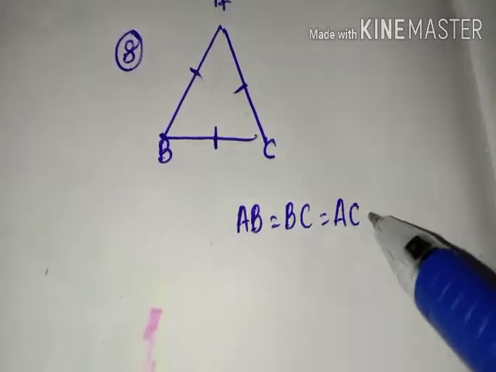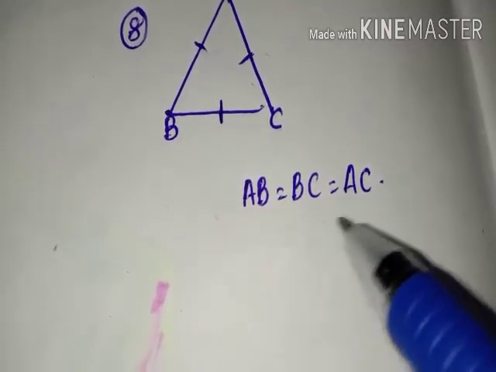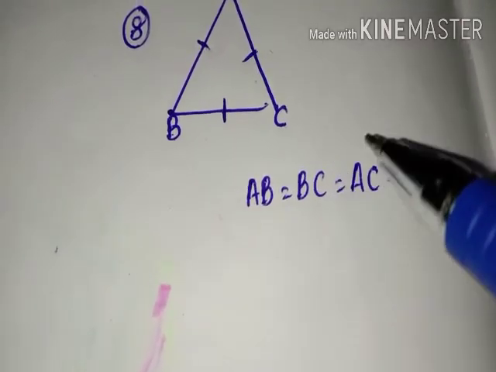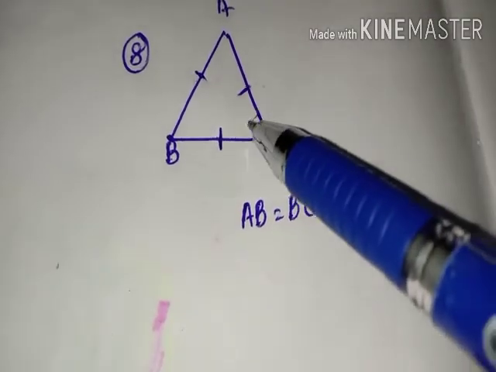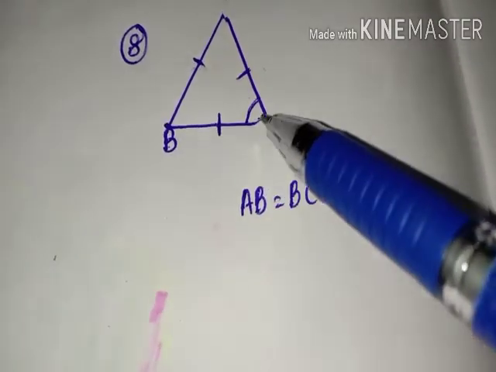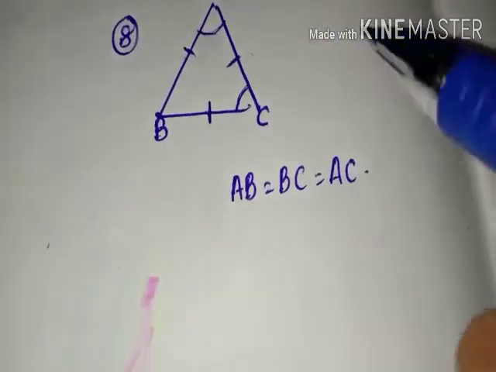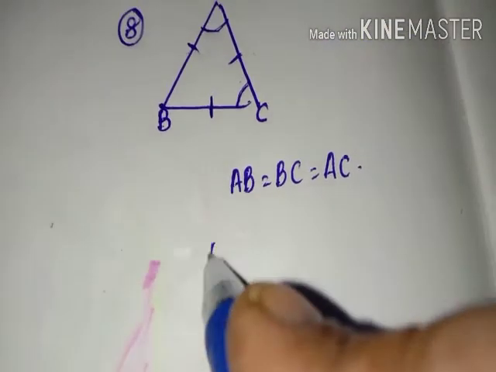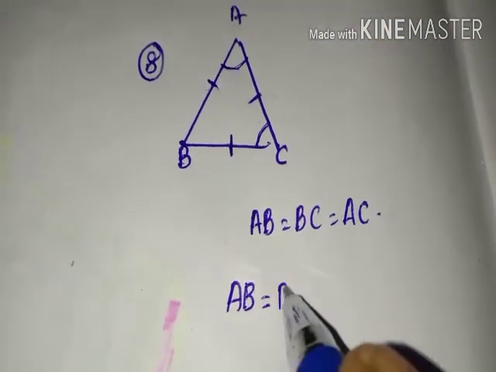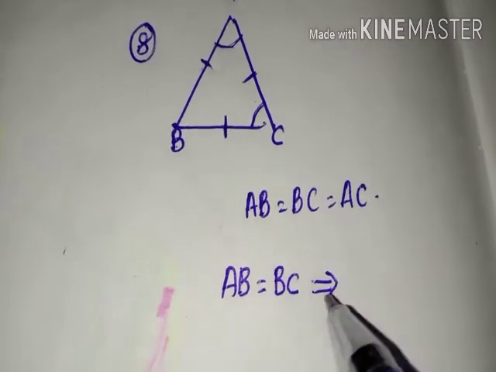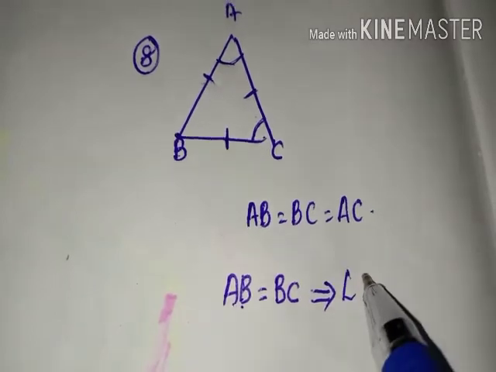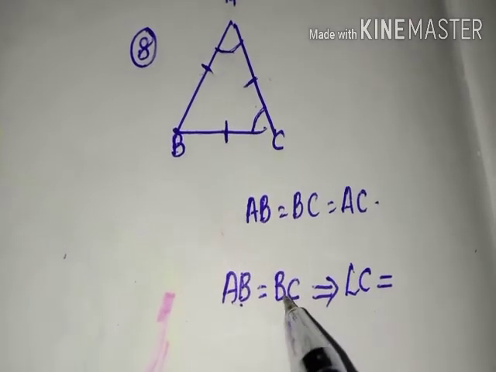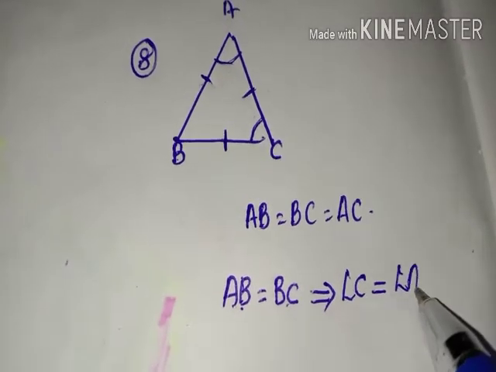So in these three sides, consider the first two sides. Suppose AB and BC. So AB and BC are equal means angles opposite to these sides are also equal. We know. So in these two sides, angle opposite to AB is angle C. And angle opposite to BC is angle A.